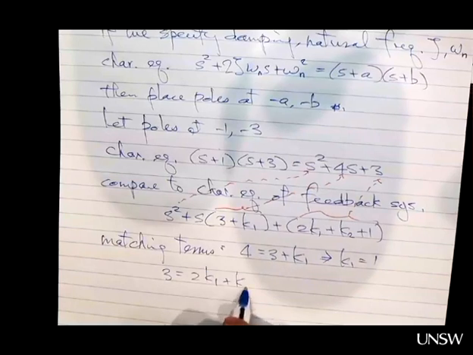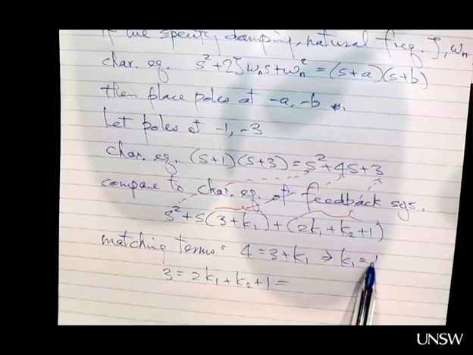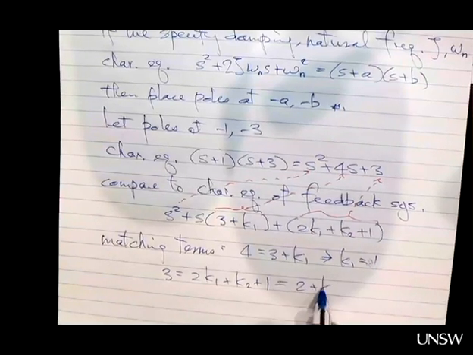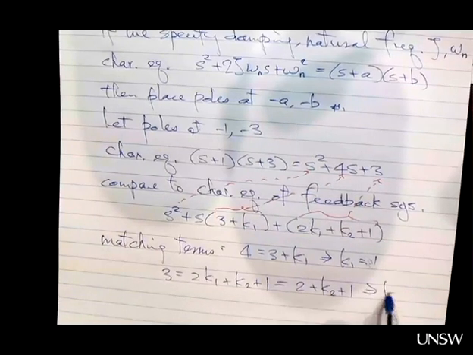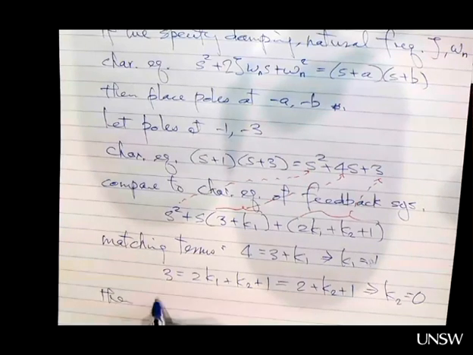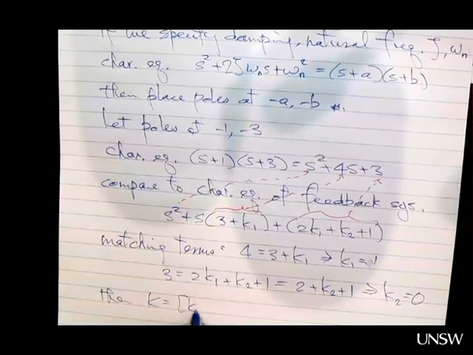We find that K1 is equal to 1, then we have 2 plus K2 plus 1, and that gives us K2 equals 0. Then we have K equals K1, K2, so it is 1 and 0.